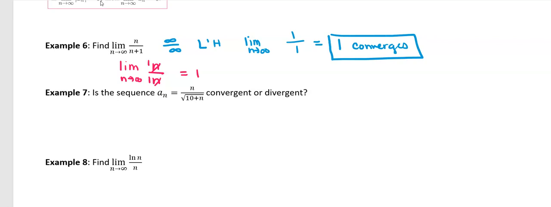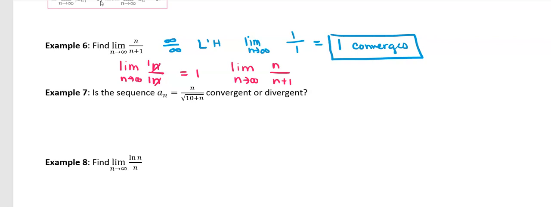Now, if you don't remember those rules, you can also go back to your calculus ideas and divide by the largest term in your denominator. So you would take n in the numerator and n plus 1 in the denominator.